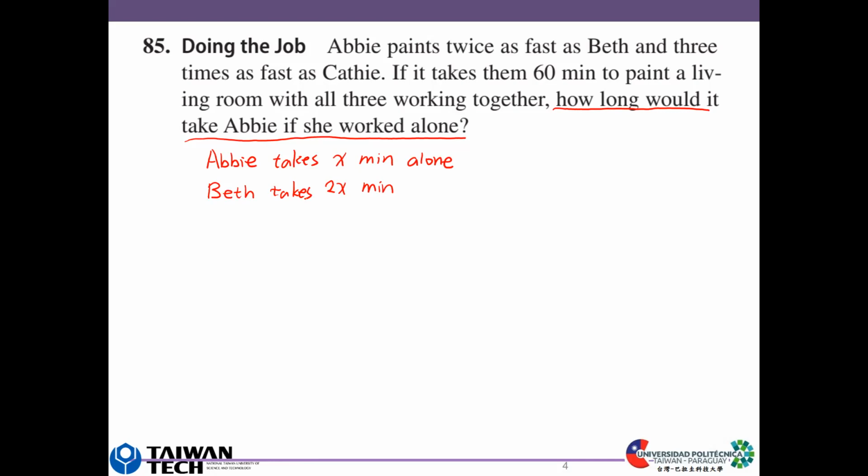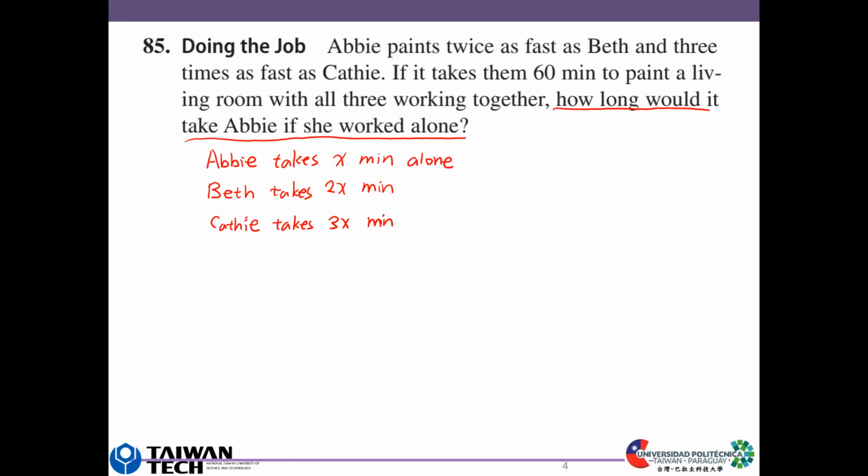Because Abby is faster. And since Abby paints 3 times as fast as Kathy, Kathy would take 3x minutes alone to paint the whole living room.